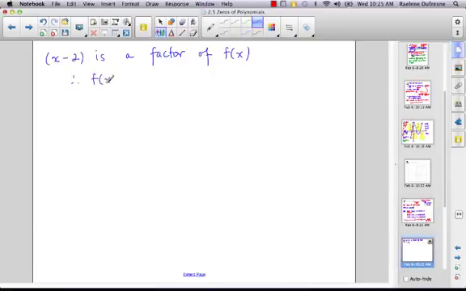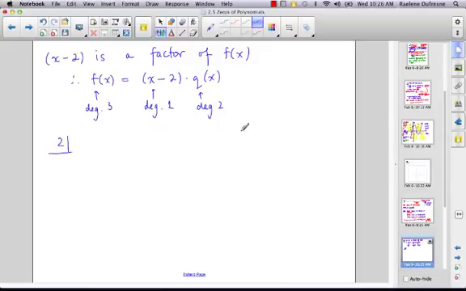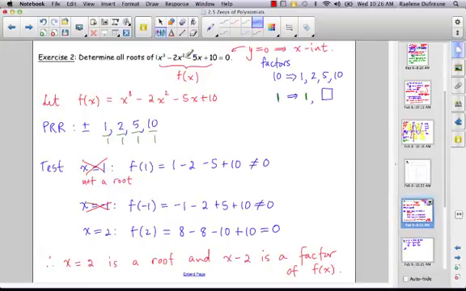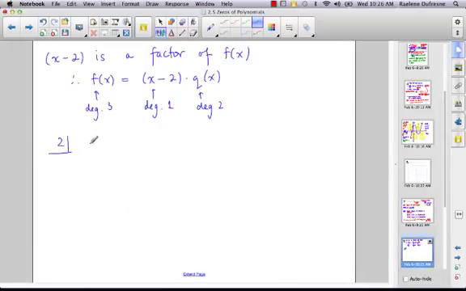Therefore, f of x equals x minus 2 times some quadratic. So this is degree 1. This is degree 3. And this must be degree 2. So positive 2 for my synthetic division outside of the coefficients, which were 1, negative 2, negative 5, positive 10.